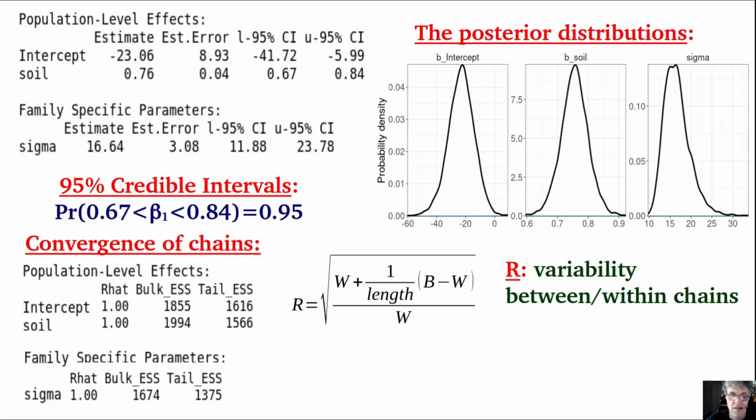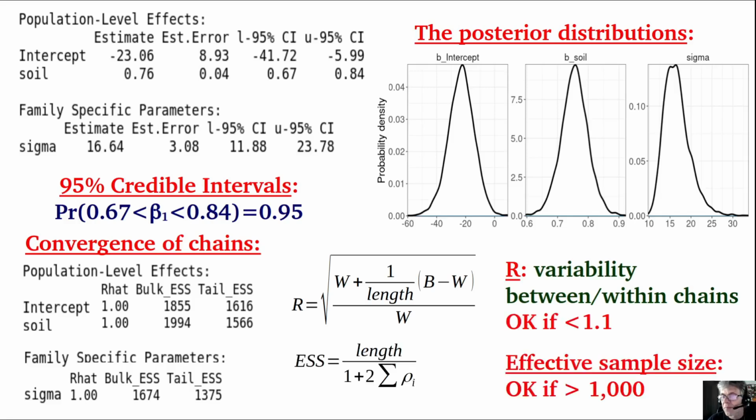We will see what that is in a second. And the ESS is the effective sample size, and this is roughly an indication of how many sample estimates retained in the chains are statistically independent. Roughly, this is okay if we have several hundreds, or if you are picky, more than 1,000.